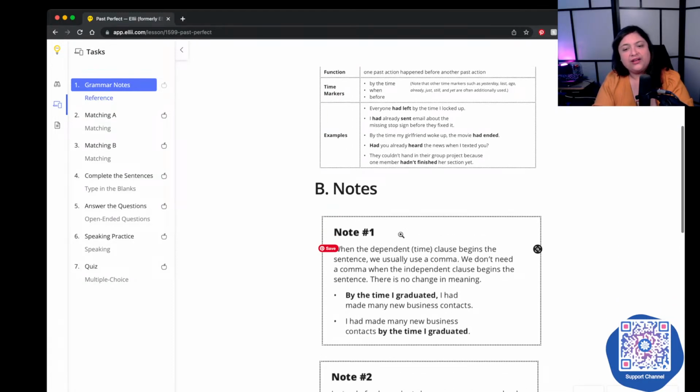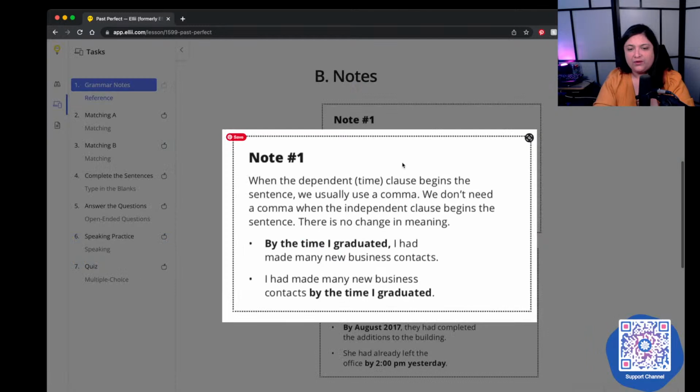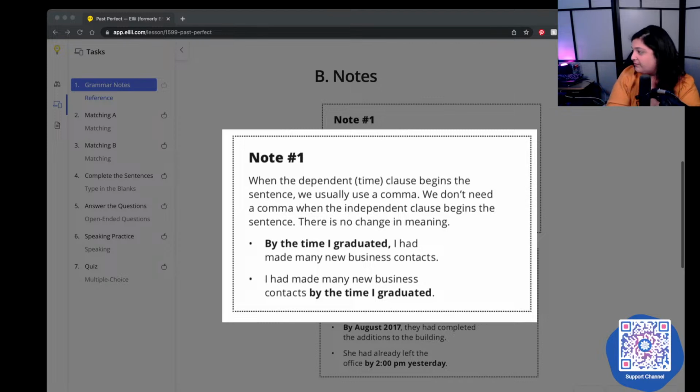Now let's take a look at this note here. There's a couple of notes that I want to share with you guys. There are two sentence patterns, to be honest with you.